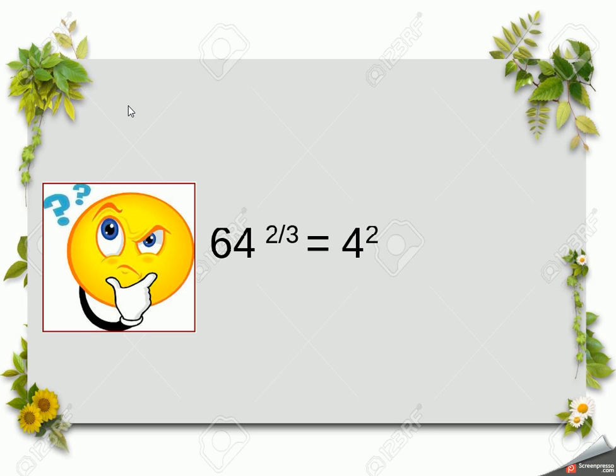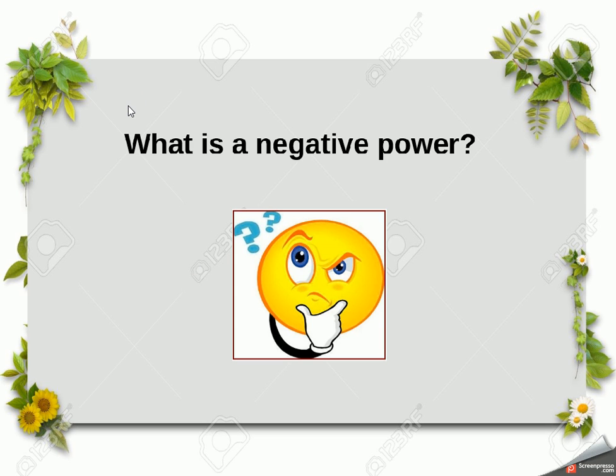So the cube root of 64 is 4. 4 times 4 times 4 is 64. That leaves me with just the power of 2, and 4 to the power of 2, or 4 squared, is 16. So 64 to the power of 2/3 is 16. I used the denominator to do the third root, and then I used the numerator to do it to the power of 2, giving me the answer 16.